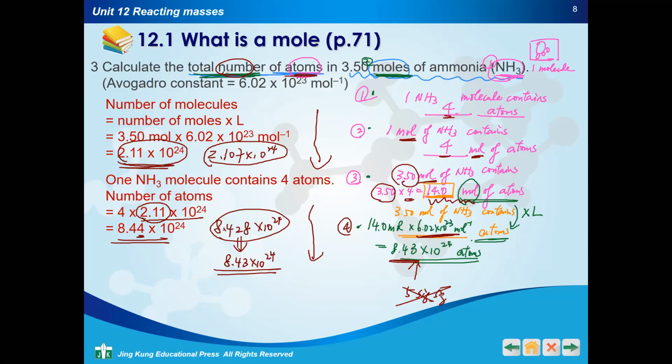But if the question asks how many atoms are there, then of course you need to tell me how many with the unit. Can you get the point? It's something about English, the way to present in English. If I say total number of atoms, no unit. If I say how many atoms are there, with unit.